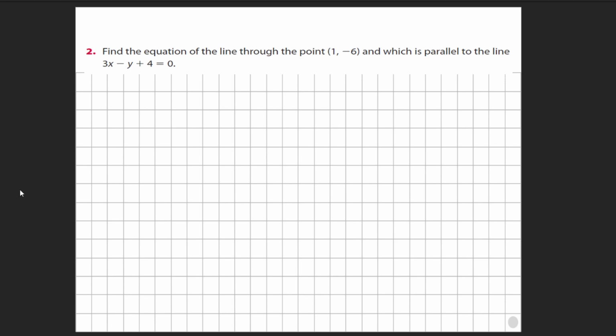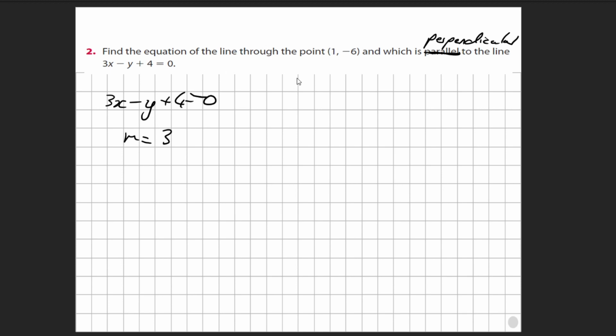So I'm going to pretend that instead this says perpendicular to that line. We still would have done the same stuff with 3x minus y plus 4 equals 0, and we still would have gotten that m equals 3.